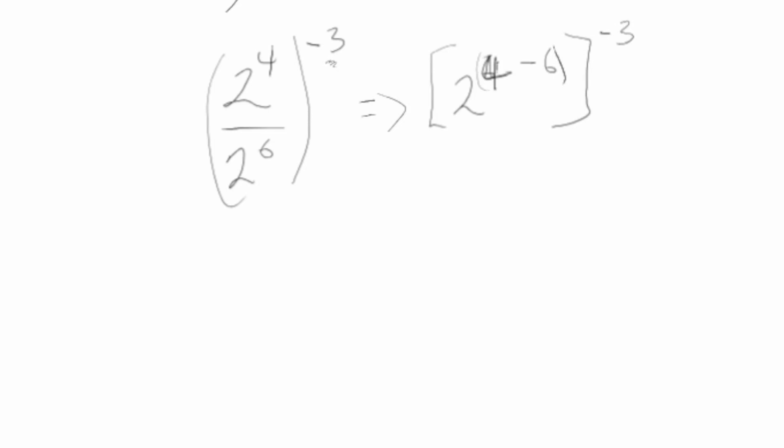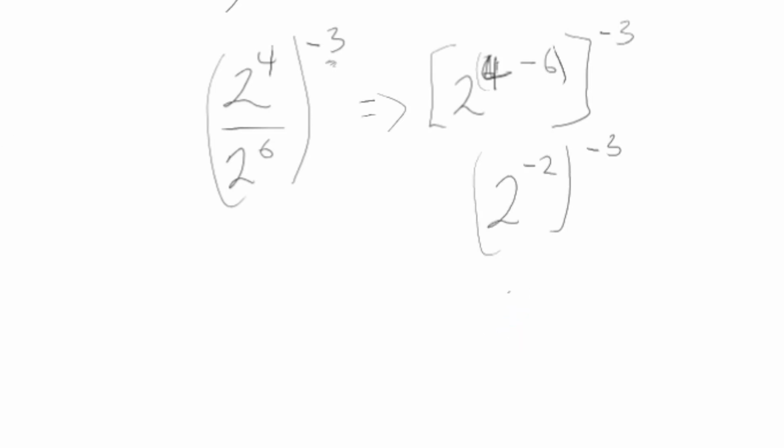So I just did 2 exponent 4 and then 2 exponent 6. So that gives me 2 exponent 4 minus 6. So this is going to give me 2 exponent negative 2, all raised to negative 3. And then power of a power, so you multiply.